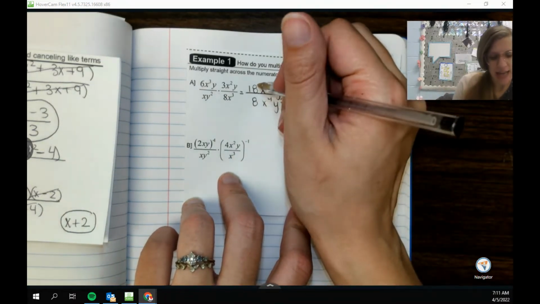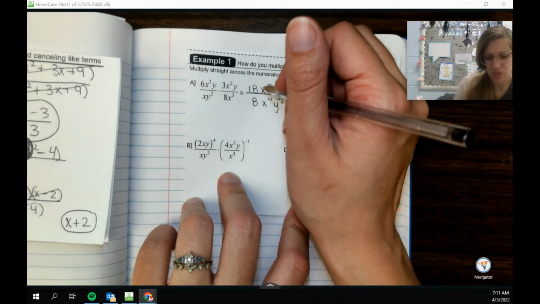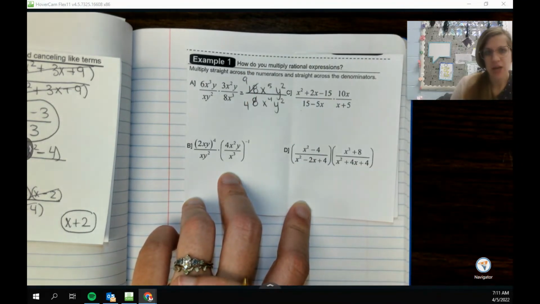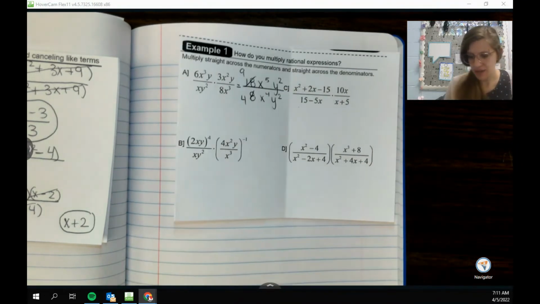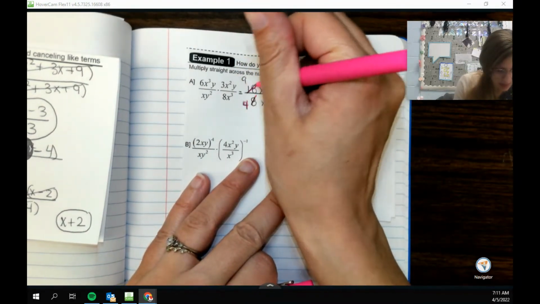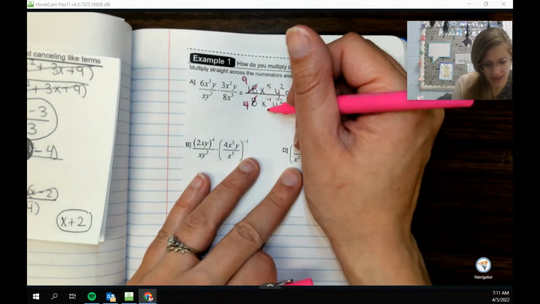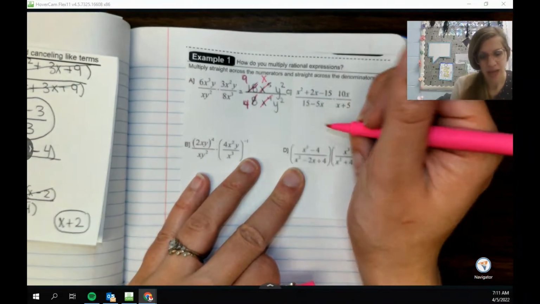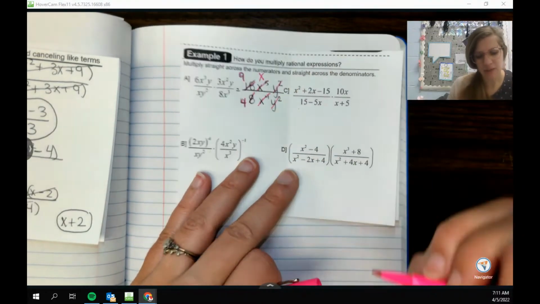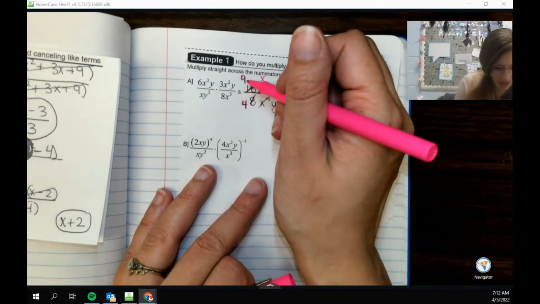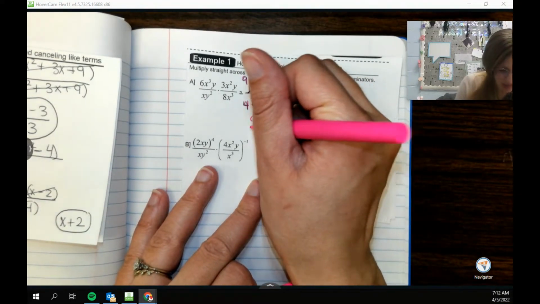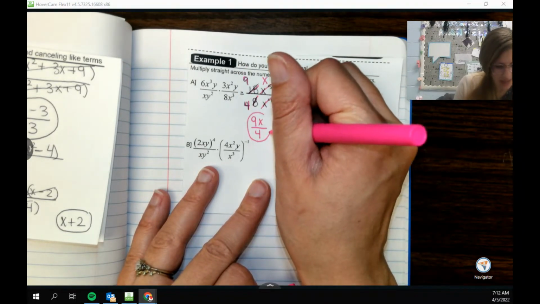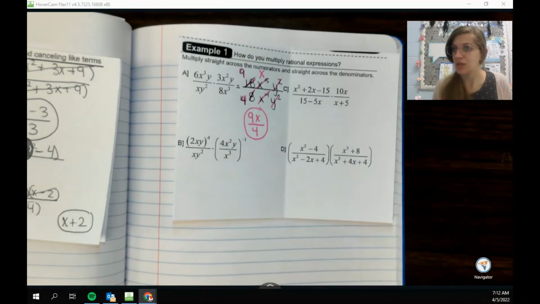With the 18 and the 8, I can divide out a 2, so 9 and 4. With the x to the 5th and x to the 4th, I can divide out all 4 of these, but there will be 1 left on top. And with the y squareds, they will completely divide out. And so overall, in my numerator, I have 9x. In the denominator, I just have a 4. And because there is no x in the denominator, no need for any restrictions.